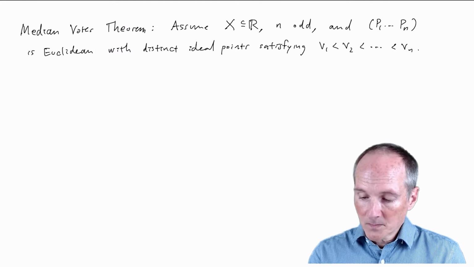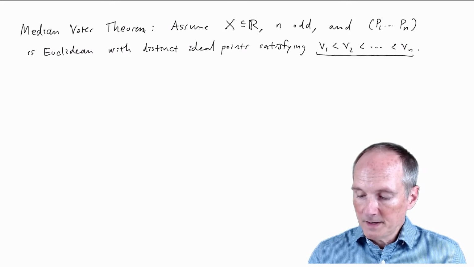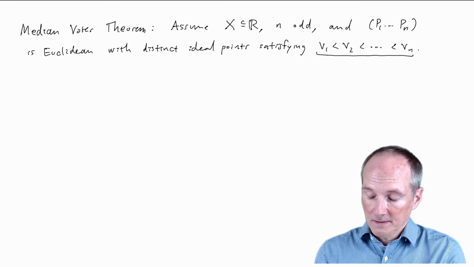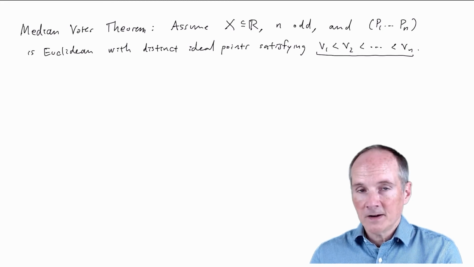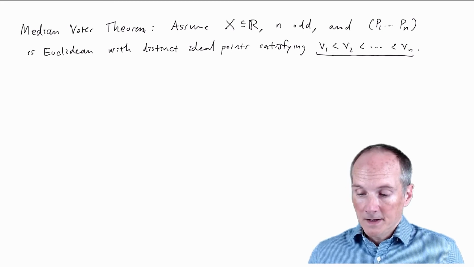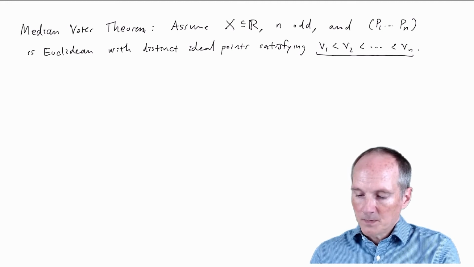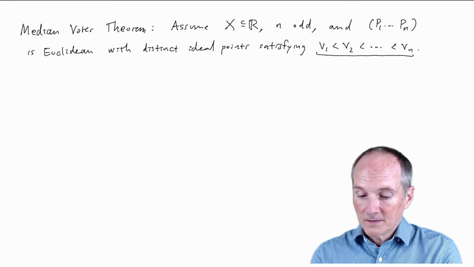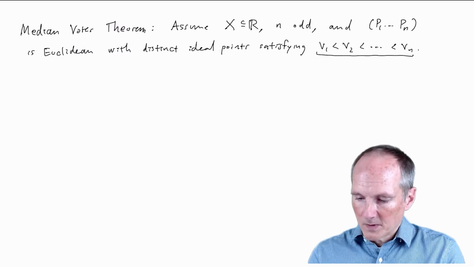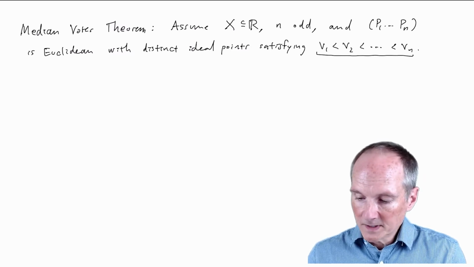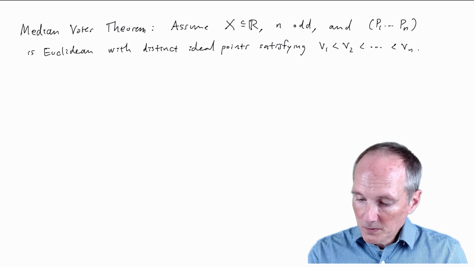And in particular, if I assume distinct ideal points, then having them ordered in the same way as the indices is really without loss of generality, because if we had ideal points in a different order, we could just renumber the voters, so as long as the ideal points are distinct, that's really just a notational convention.